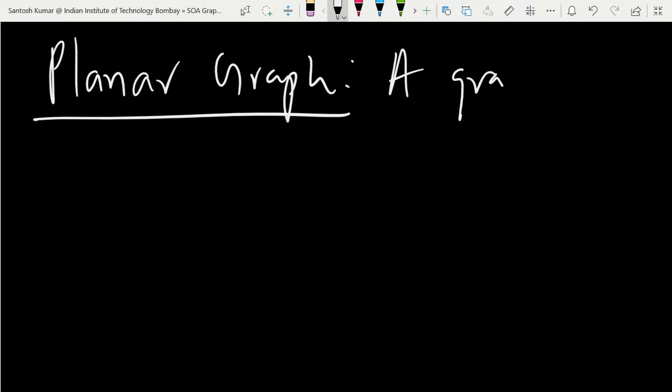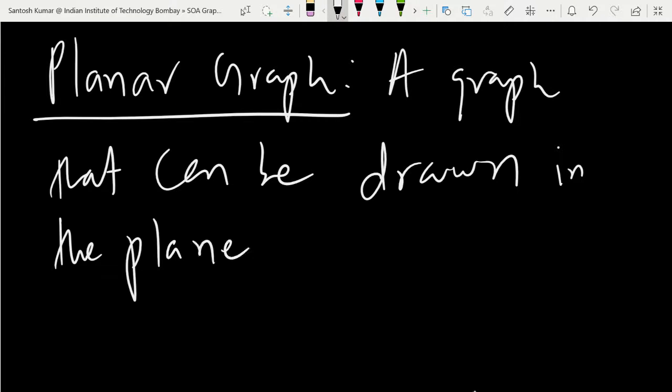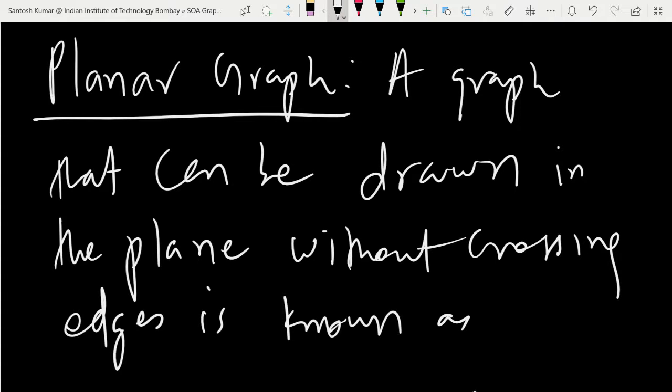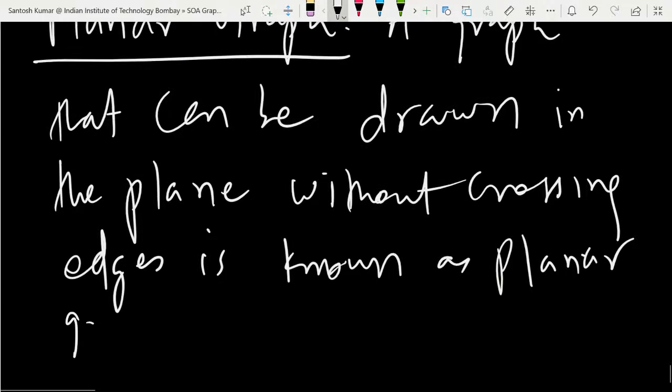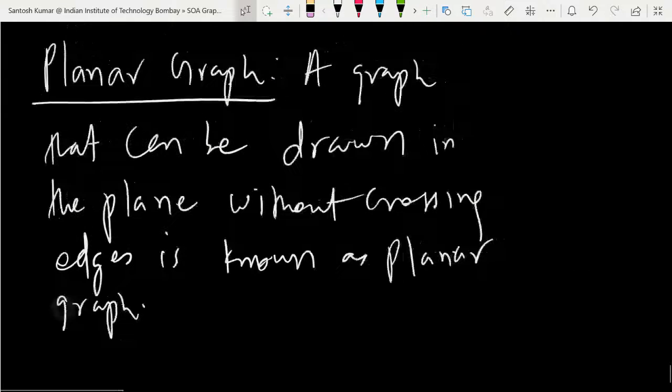A planar graph is a graph that can be drawn in the plane without crossing edges.